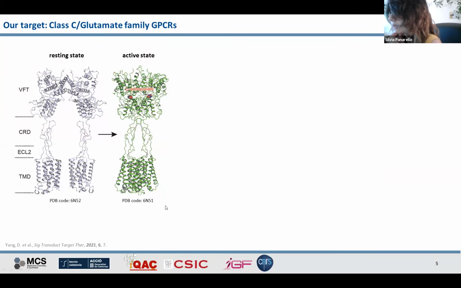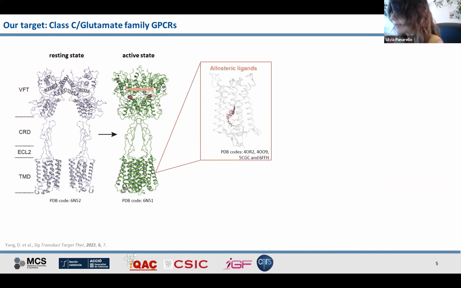The orthosteric binding sites for a particular endogenous ligand are often highly conserved, making it difficult to achieve high selectivity for specific GPCR subtypes. An alternative and highly successful approach was the development of selective allosteric modulators of the specific receptor subtypes.